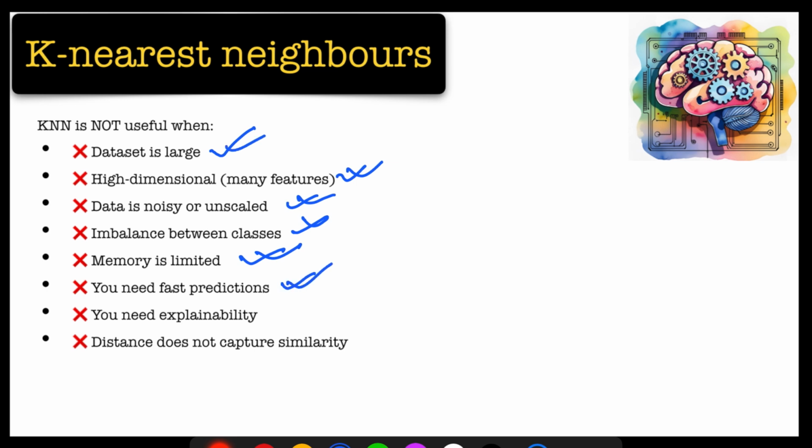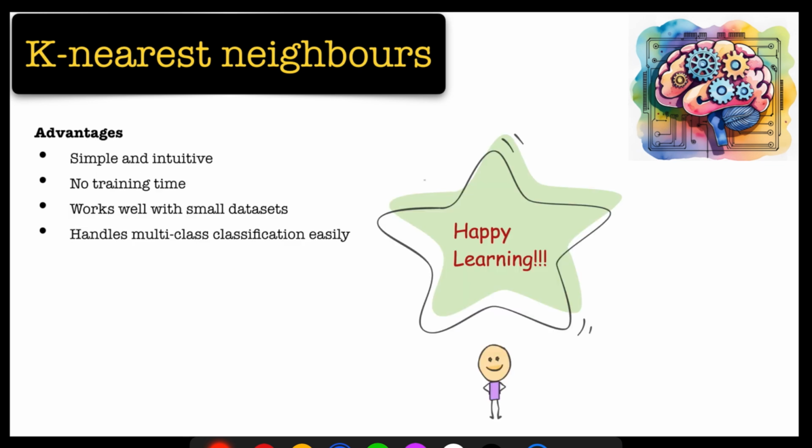In these cases, we should not use KNN. Also, when we need explainability, and sometimes distance doesn't capture similarity. There will be scenarios where distance will not capture similarity for some use cases. In those cases also, we should not use KNN.